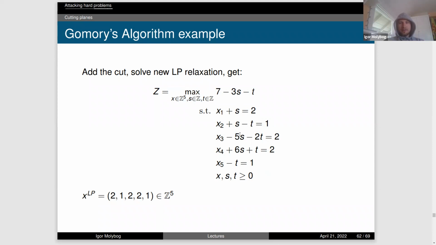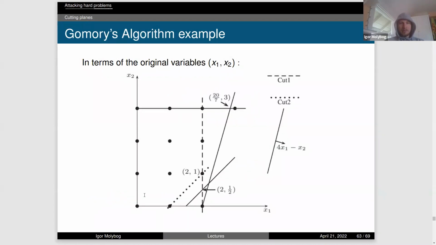Now it has essentially 7 variables. All of the variables corresponding to x, x1 through x5, are basic. The only non-basic variables are s and t, and our xLP is in fact an integral valued vector. Therefore, by solving this LP relaxation, we essentially have recovered the solution to the original IP problem.